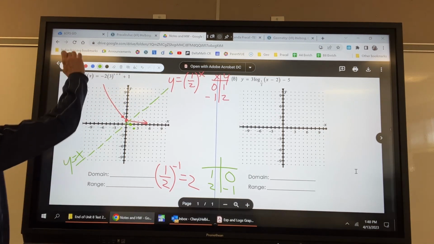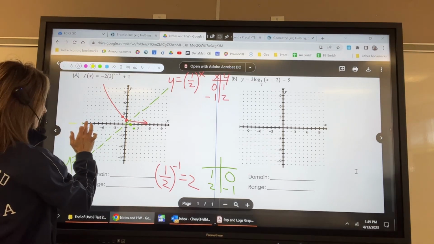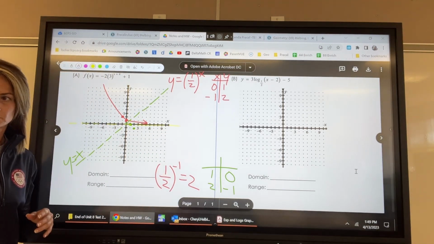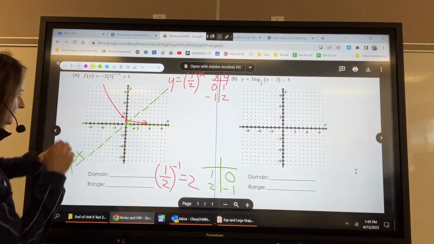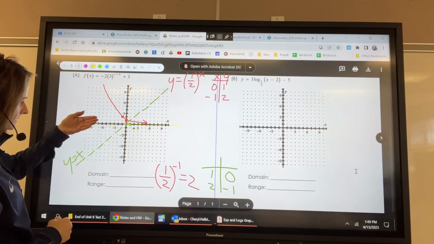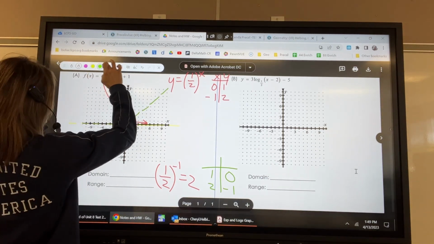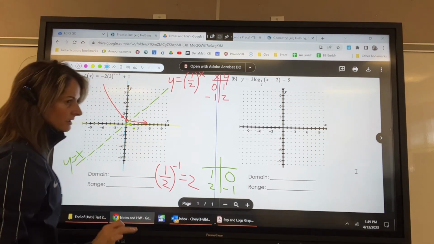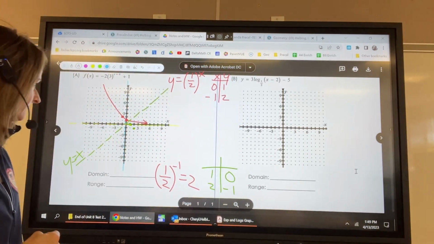So the original asymptote was at y equals 0, okay? And that has also been reflected. So it's going to be reflected in this direction. So that's why the asymptotes are vertical for log graphs.